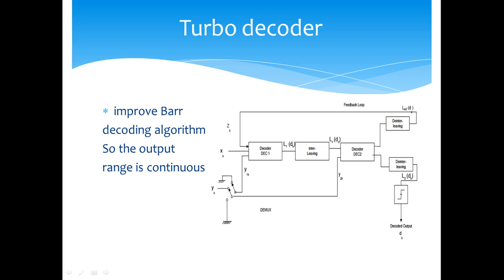This is the structure of the turbo decoder. It can successfully improve the decoding algorithm, so the output range is continuous and doesn't need to be 0 or 1.